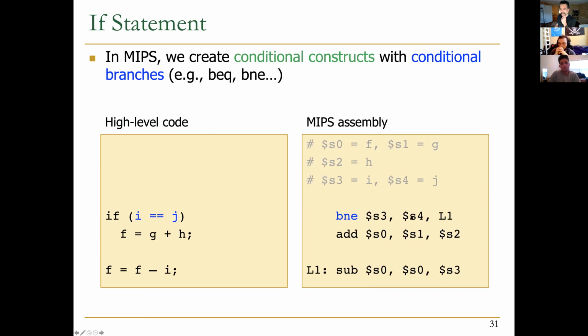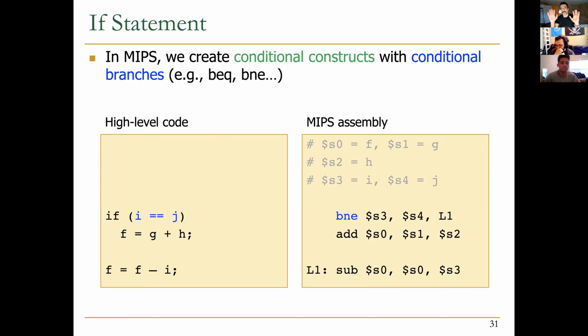So we check the value of S3 and S4. We branch if these two values are not equal. Where do we want to branch? To a place labeled by L1. L1 is a label in MIPS, and you know how to specify a label.